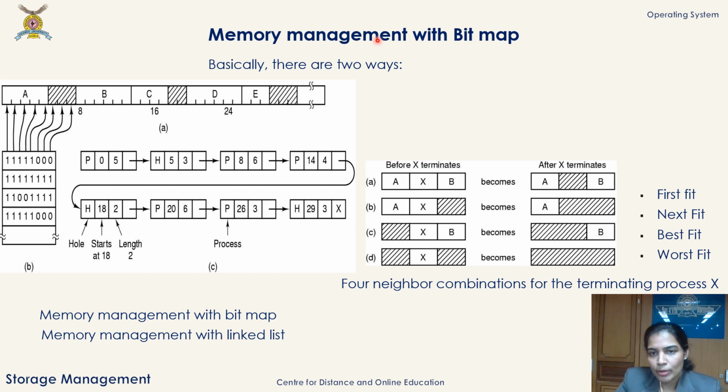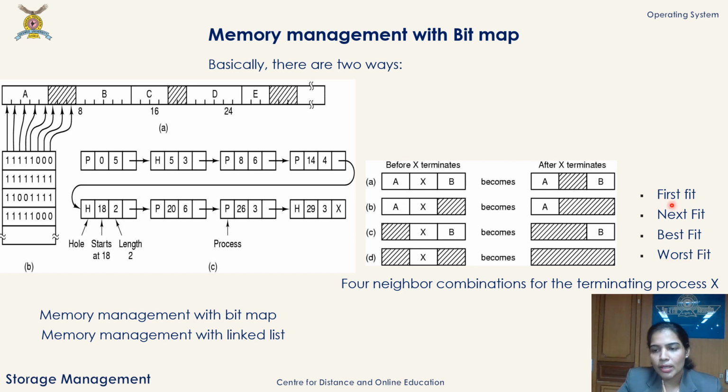Now when you are allocating the memory for a new process, maybe it is swapped out and now you are swapping it in, we can use 4 techniques for the allocation of memory for the process. We can use first fit, next fit, best fit, and worst fit.